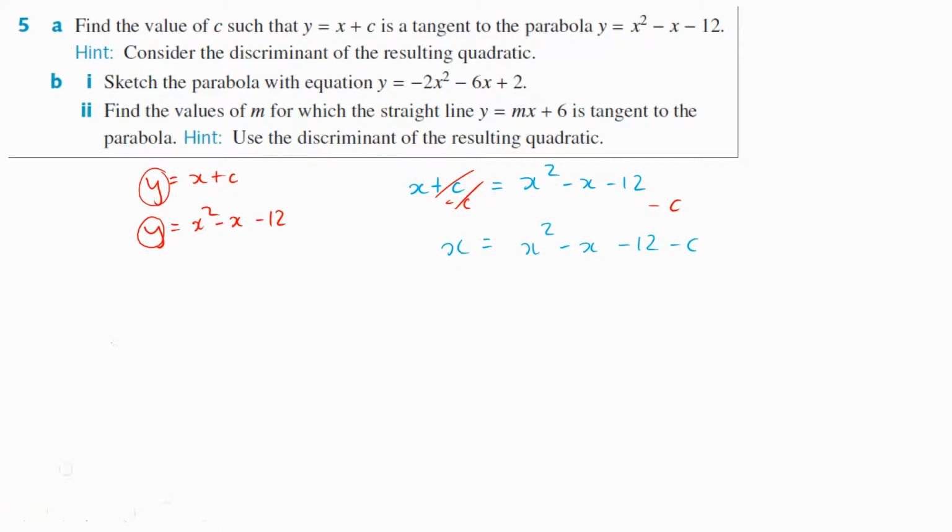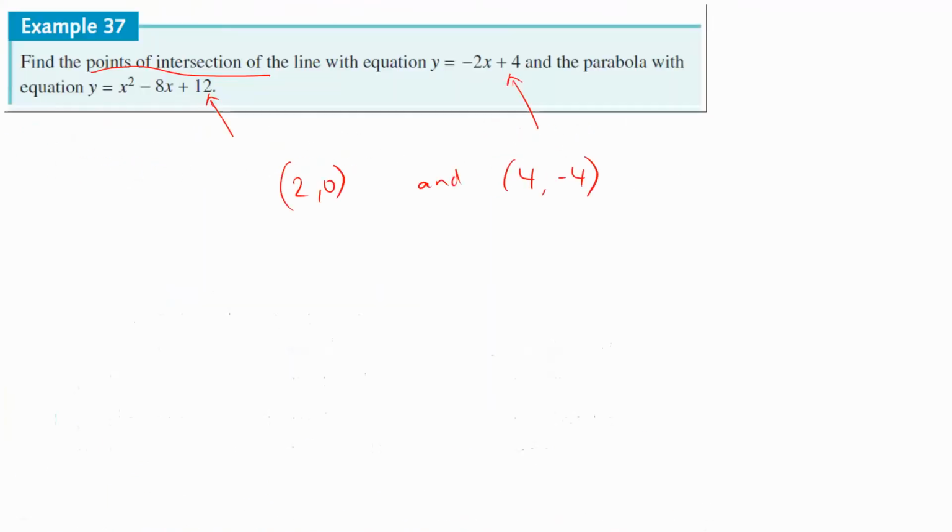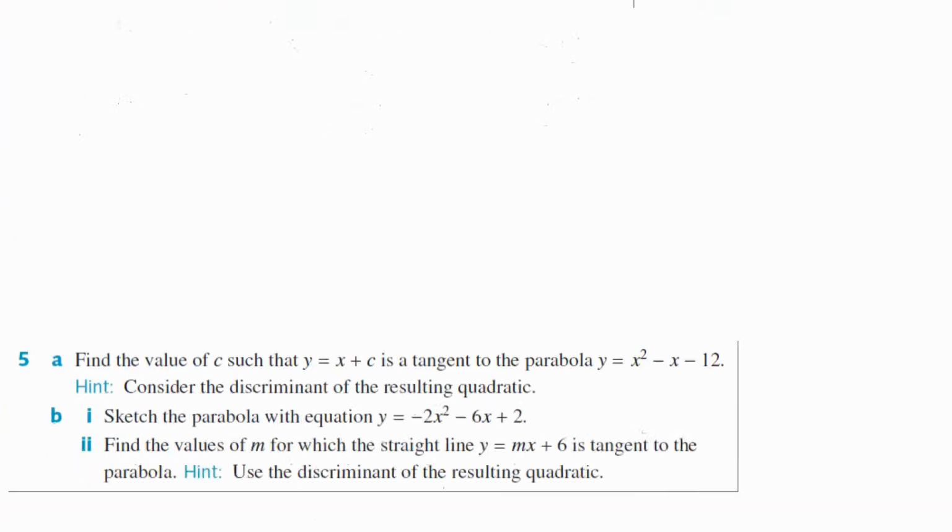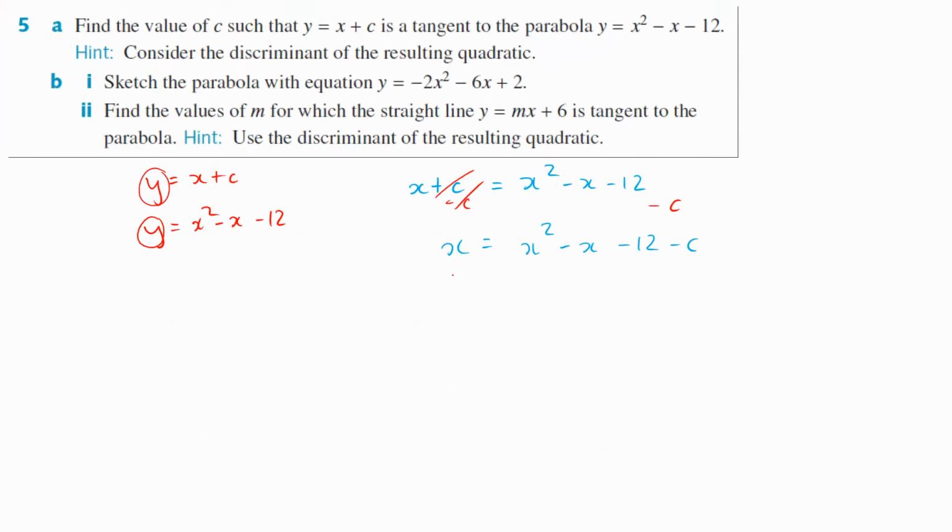Remember, your goal is to get it to 0, because then you can use the Null Factor Law. So minus x on both sides, and x minus x is 0. This now gives me my new equation, which is 0 equals x squared minus 2x minus 12 minus c.